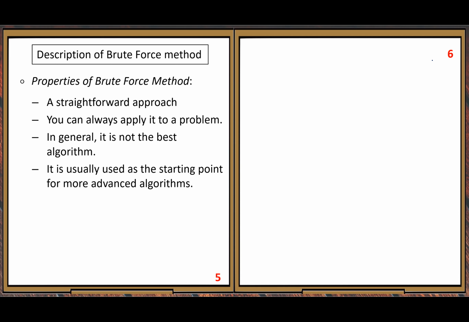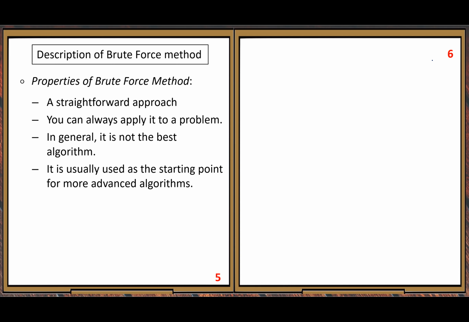It is usually used as the starting point for more advanced algorithms. We need to build up our experience when we solve a relatively hard problem. How do you get some experience?